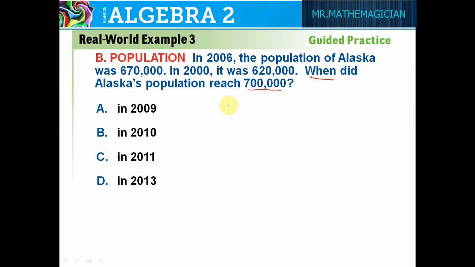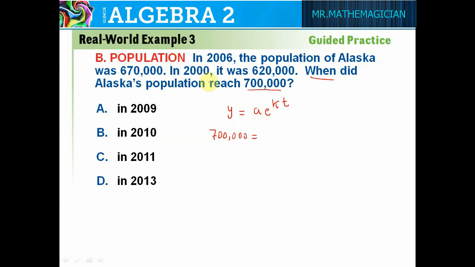So we begin with the same y equals a e to the power of kt, and y is our aim. The new population is 700,000 equals a, the beginning in 2000.